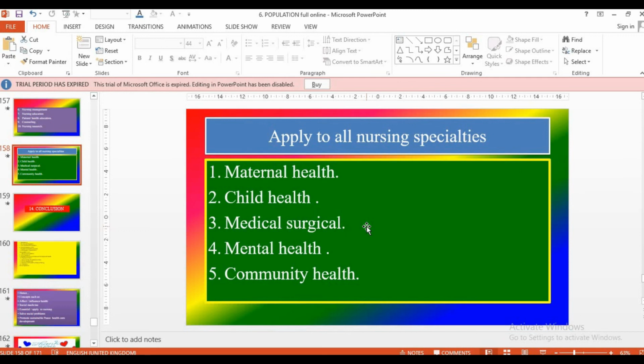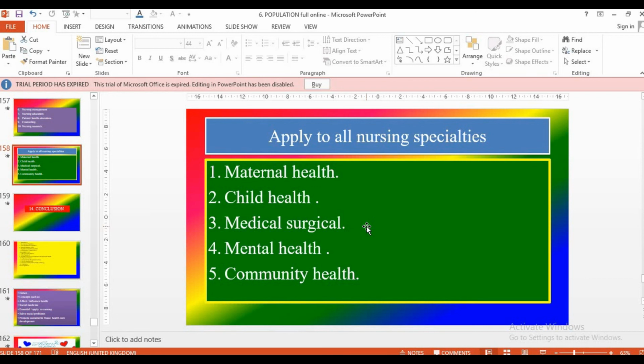So we mainly have maternal health nursing, child health care, medical surgical nursing, mental health nursing, community health nursing. The study of population or knowledge of population is fundamental. So when you read the specialty books, just think about it.